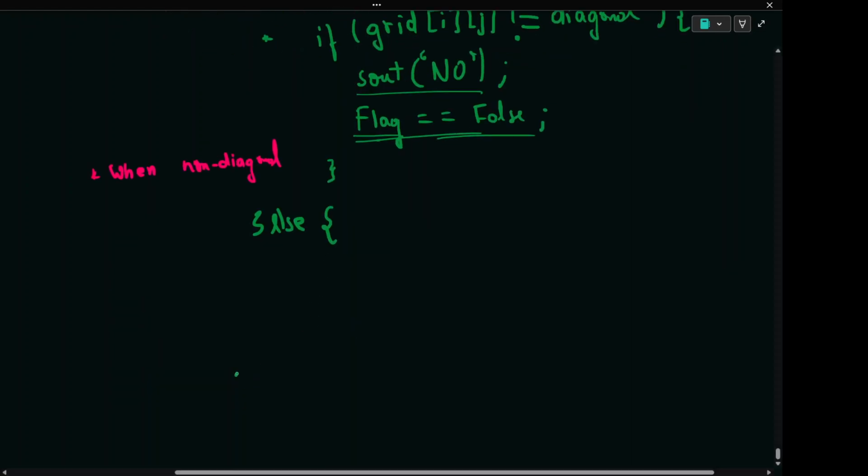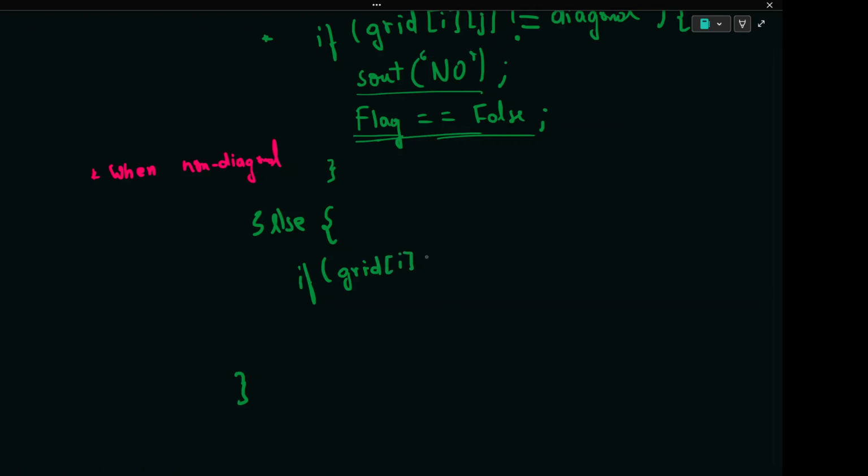Else, again I would check if grid of i, j, that is the current element, is not equal to non-diagonal. So now what will I do? I'll print.